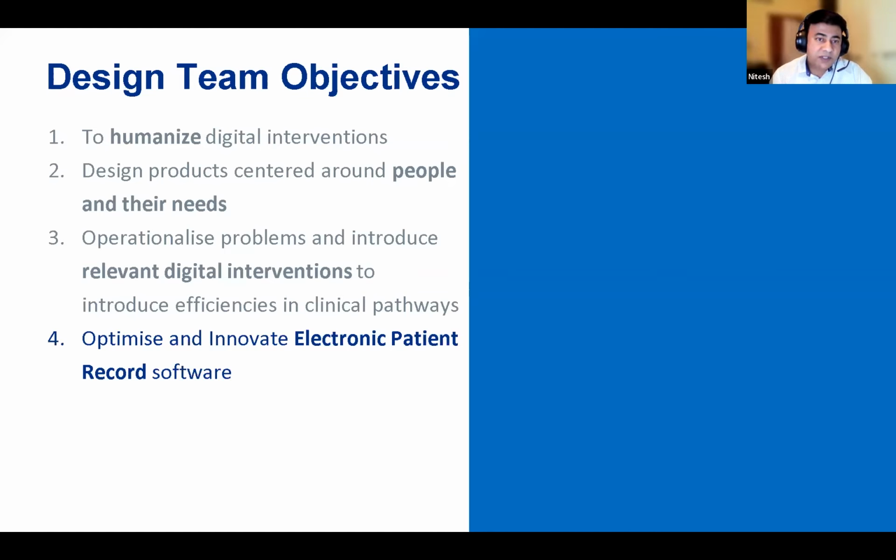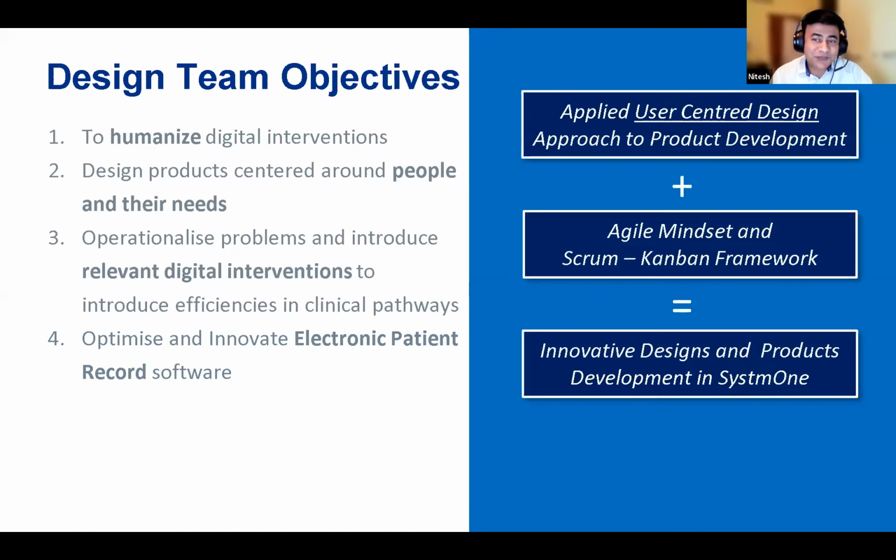We are able to achieve these objectives through a scientific approach. It's very simple, but very robust. It has worked really, really well for us. And the equation looks like applied user-centered design process. So we mapped out the design team processes before we could do so for other projects and services.